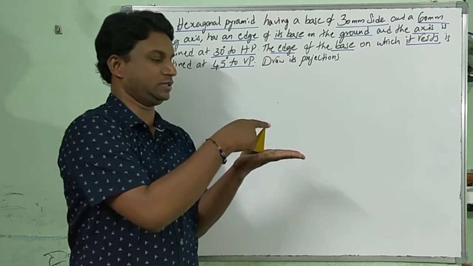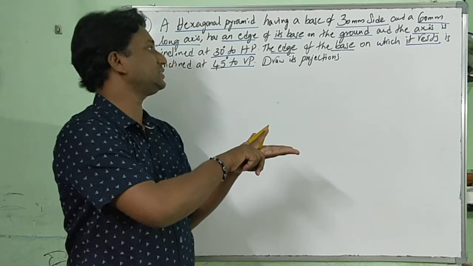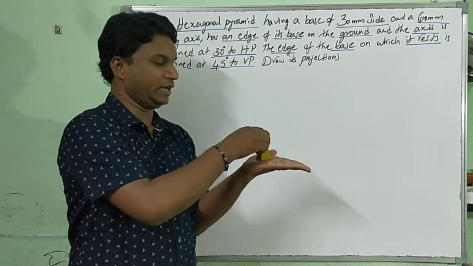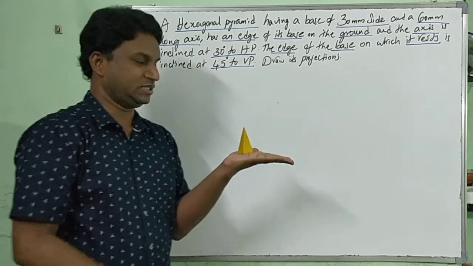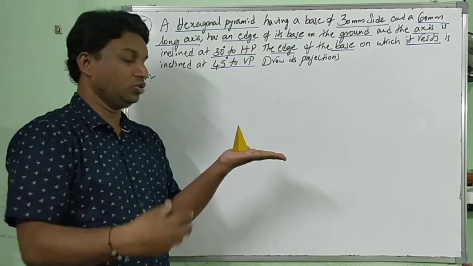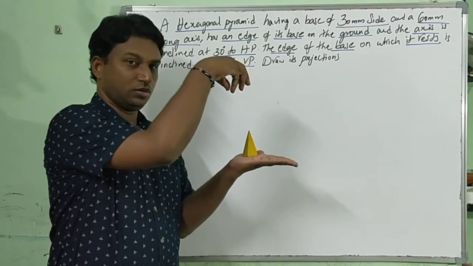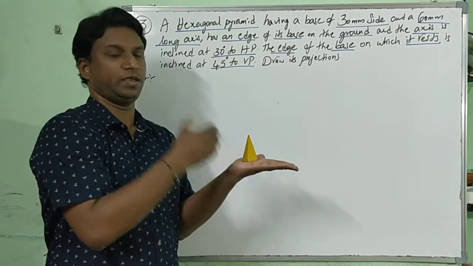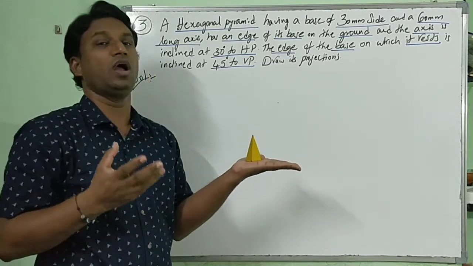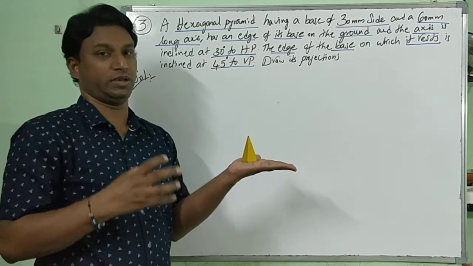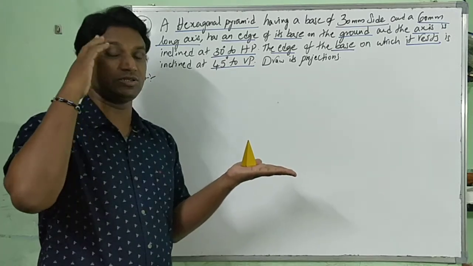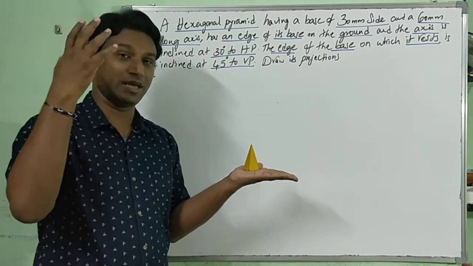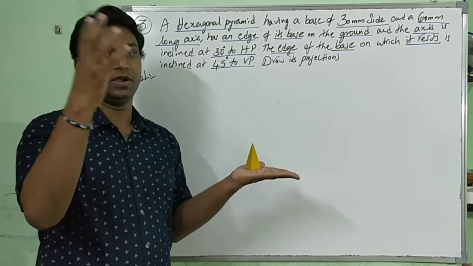That means 90 degrees. Whatever the axis 30 degrees to HP, it is rotated to 90 degrees, axis 90 degrees now, such that in this position we can draw the top view, the true shape of the base, and we can project its front view. Here is the first step where you have to analyze how to start. Try to analyze with your own visualization.